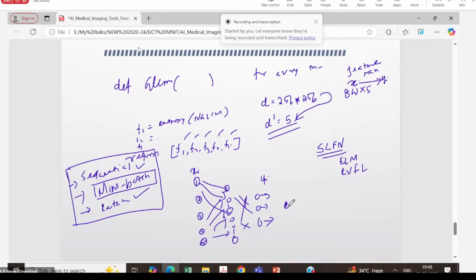So now my question here is, you all know how to choose the number of neurons in the input layer and the output layer, but there is always a concern about how to choose the number of neurons in the hidden layer. There is no such rule available till date.